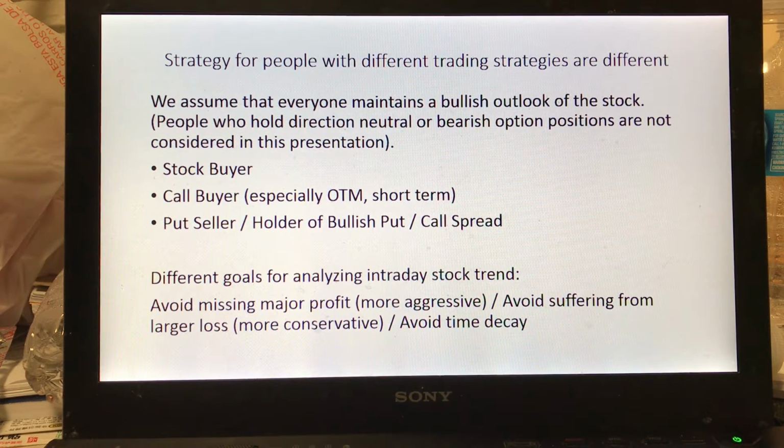people think. So we will consider 3 kinds of people: the stock buyer, who just hopes the stock will remain at the same level or climb to higher prices; and the call buyers, who want to hold the option for as little time as possible, since they are always suffering from time decay.